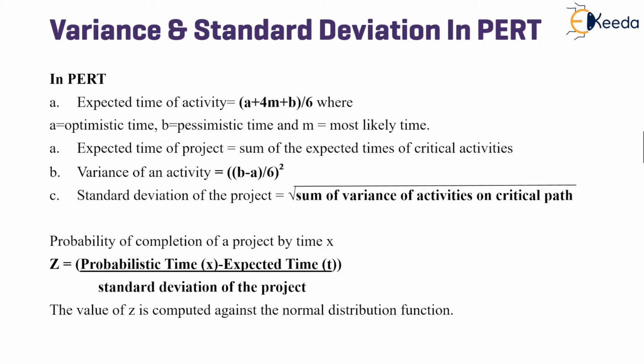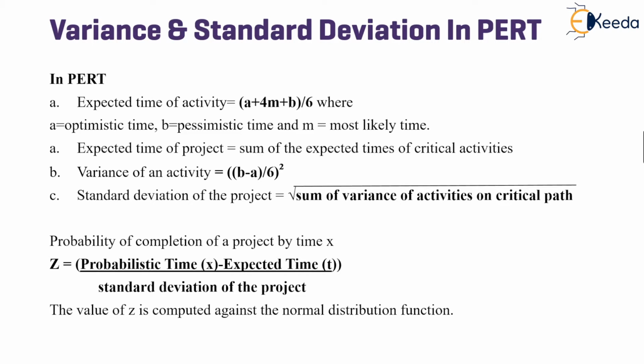Moving further to variance and standard deviation in a PERT calculation. As told, the values received from PERT calculation are completely probabilistic. Therefore, it is essential to find out the variance in the results and the standard deviation, the formula for which is shown.